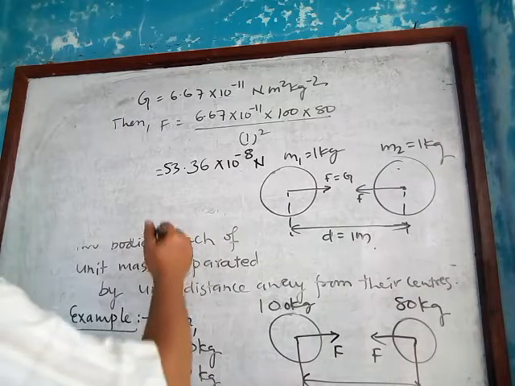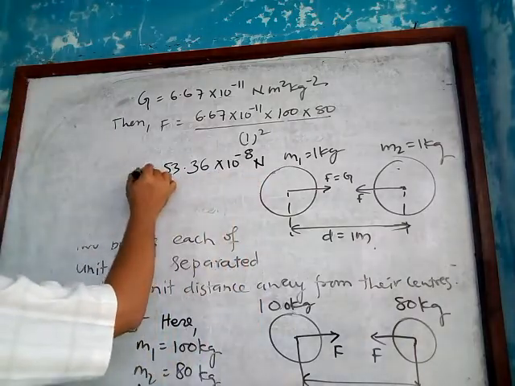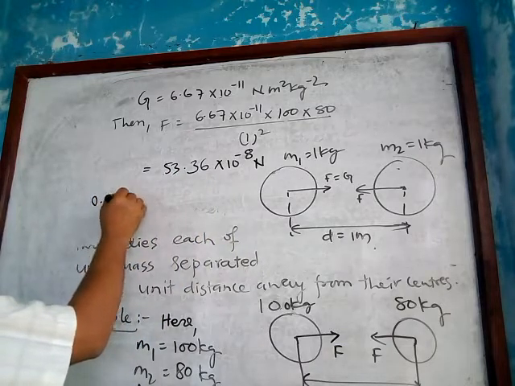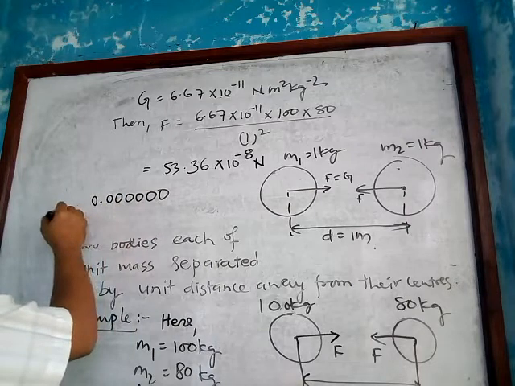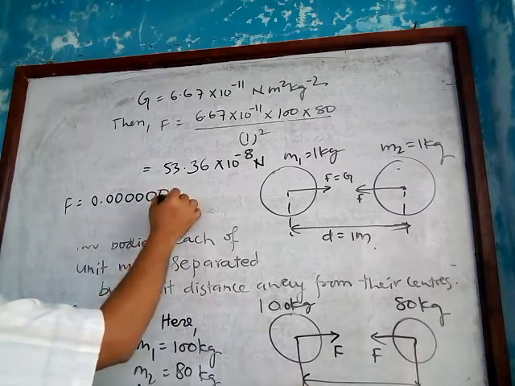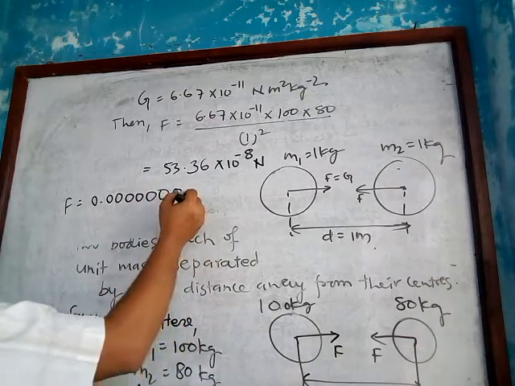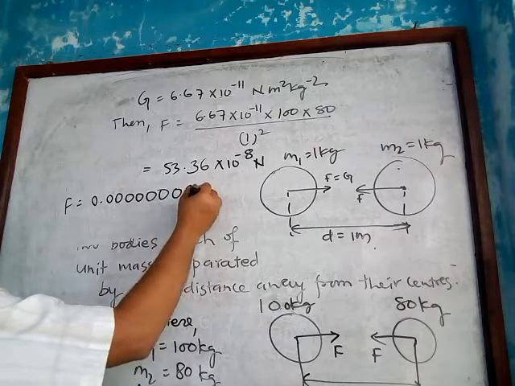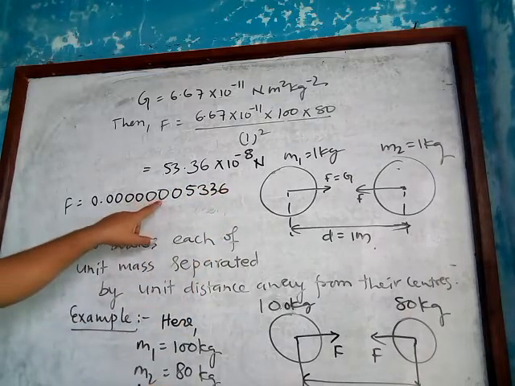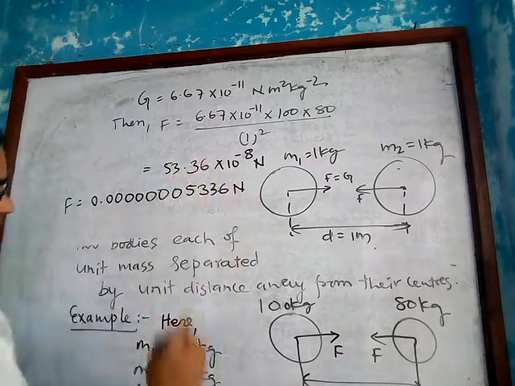Okay, we see that this is a very small force. We can write it in decimal like this: 0.0000000 and so on Newton.